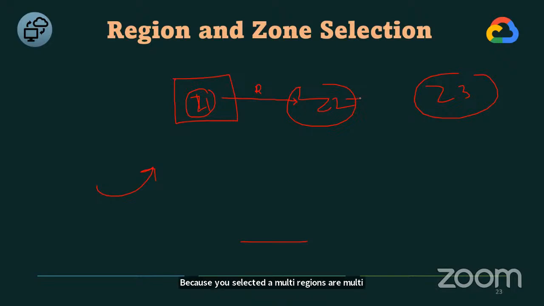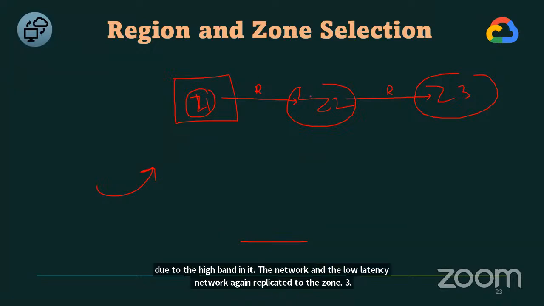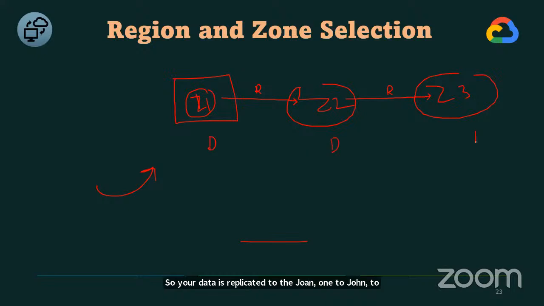Again it is replicated to zone 3. So your data is available here, available here, available here.